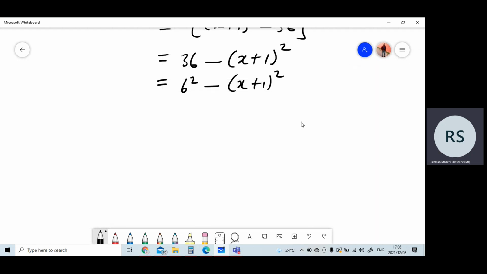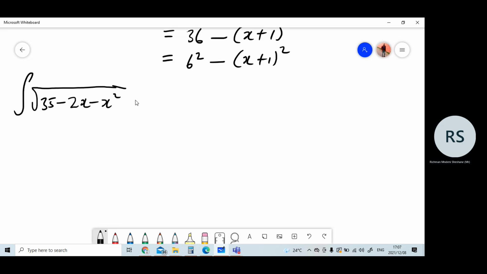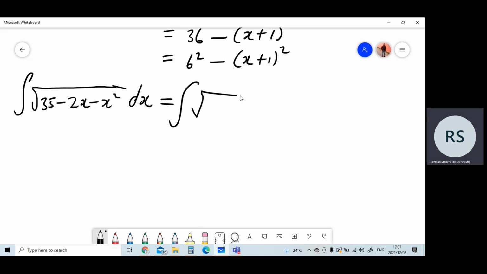So yeah, we want to integrate the square root of 35 minus 2x minus x squared dx, and the integral will become this.